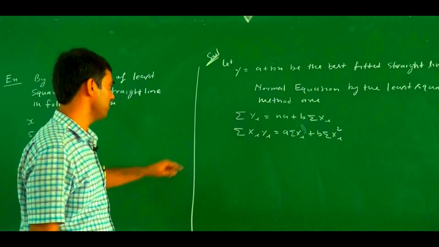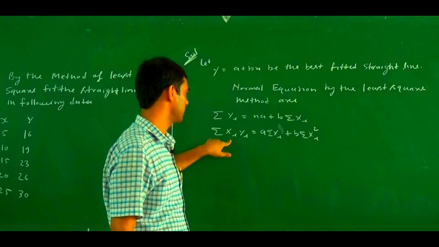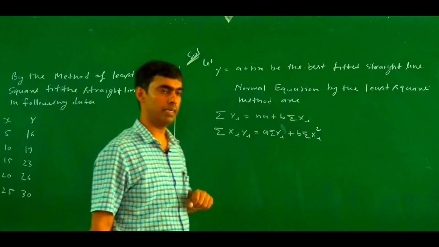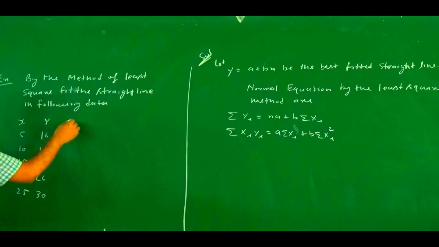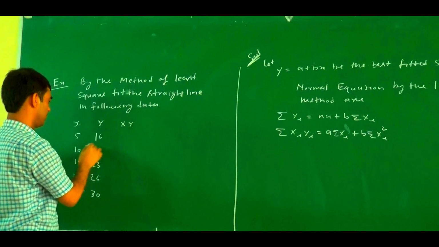So what is our aim? Our aim is to find summation of yi, summation of xi, summation of xi yi, and summation of xi square. So how do we find them? Here we find xy.